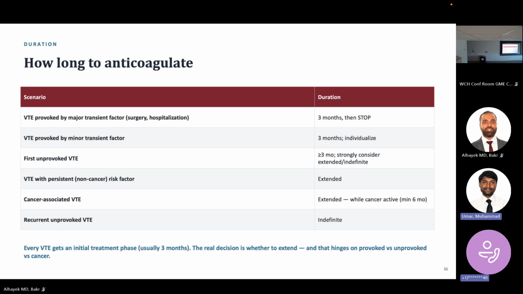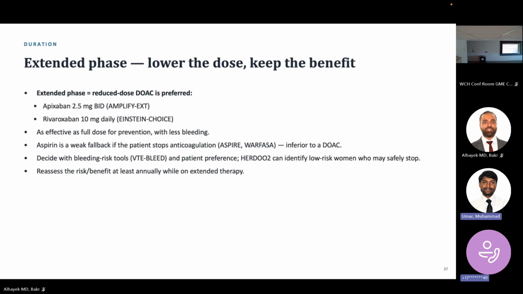I think it was done last year, but it showed less occurrence of DVT and PE, and less GI bleed, less bleeding risk compared to the 5 milligrams and compared to no treatment.